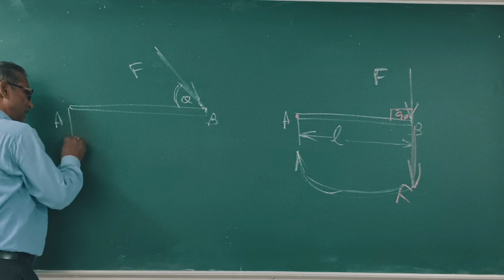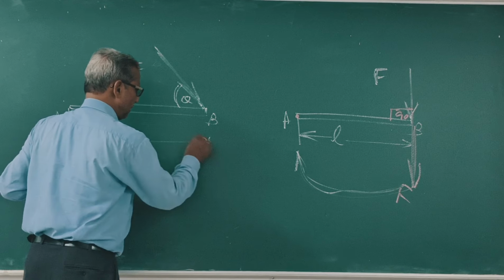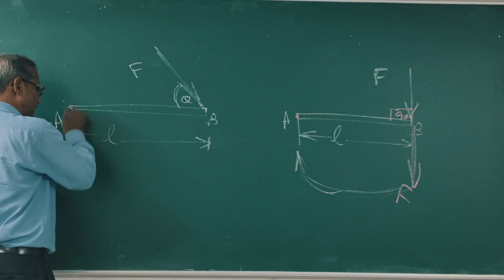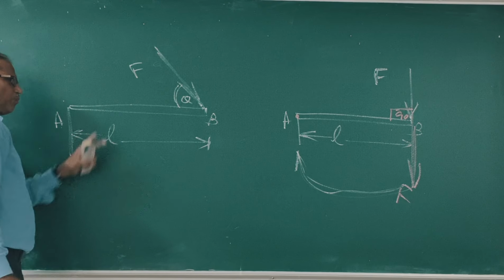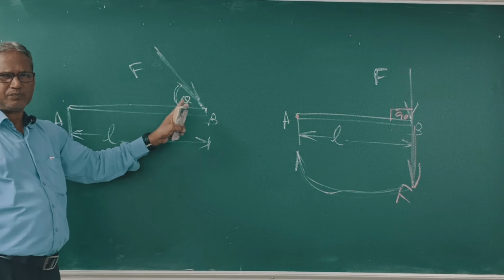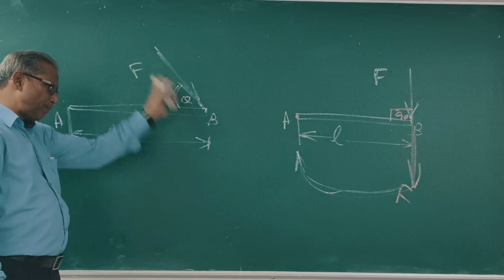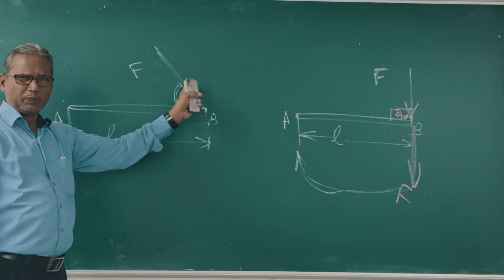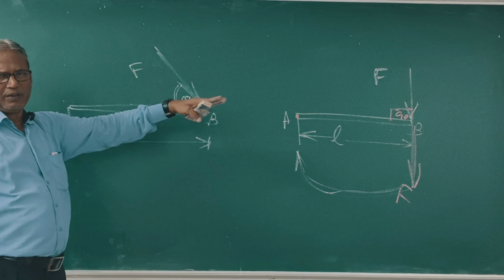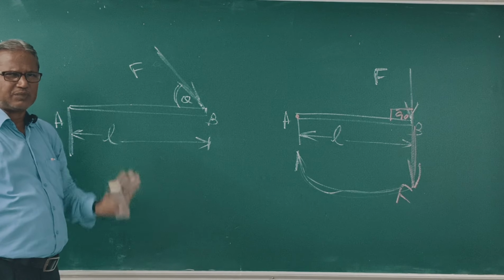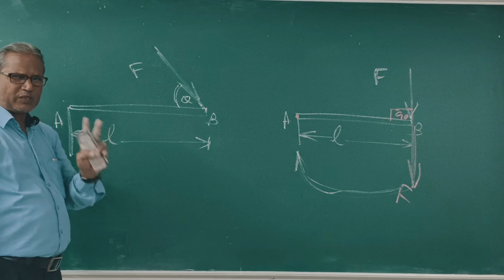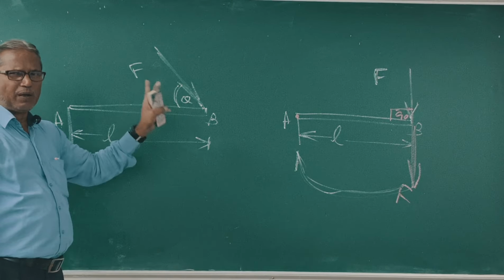Suppose this length is L. So L is not the perpendicular distance of F. The line of action of F is like this, which makes angle theta with AB. This L is not a perpendicular distance. We will find out the perpendicular distance, or resolve F.